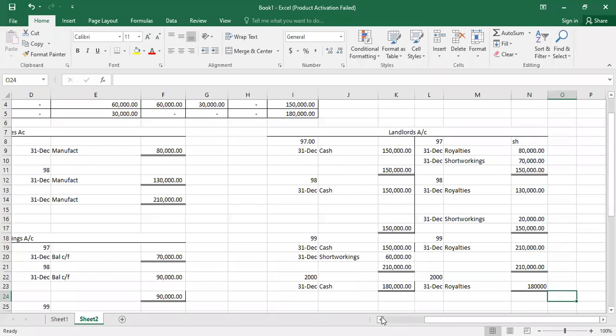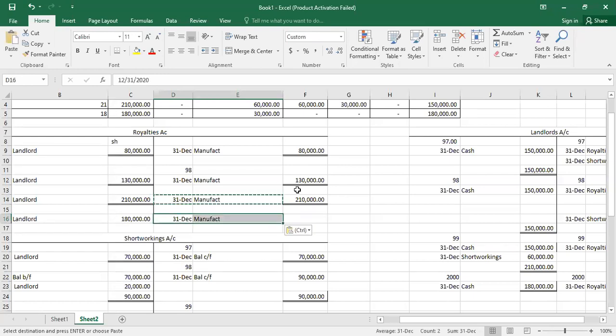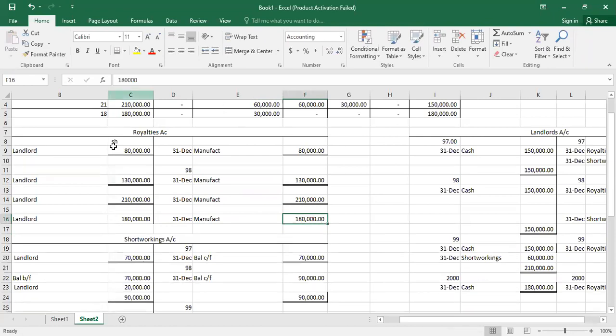Of course, I'll now close my royalties account by debiting manufacturing with 180,000. Question?